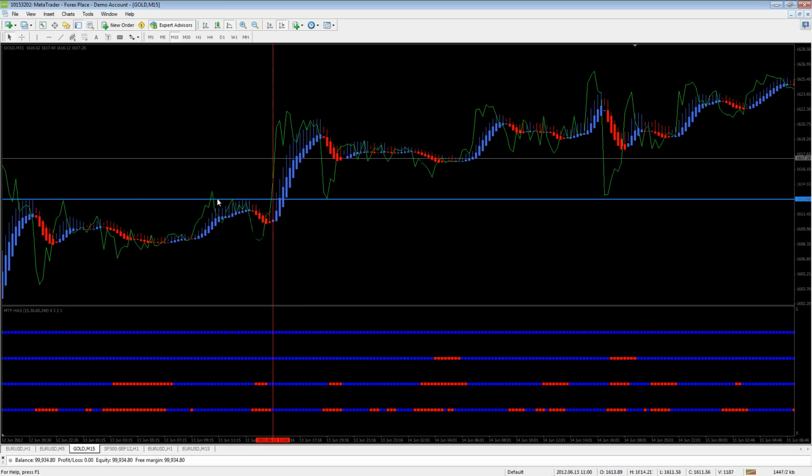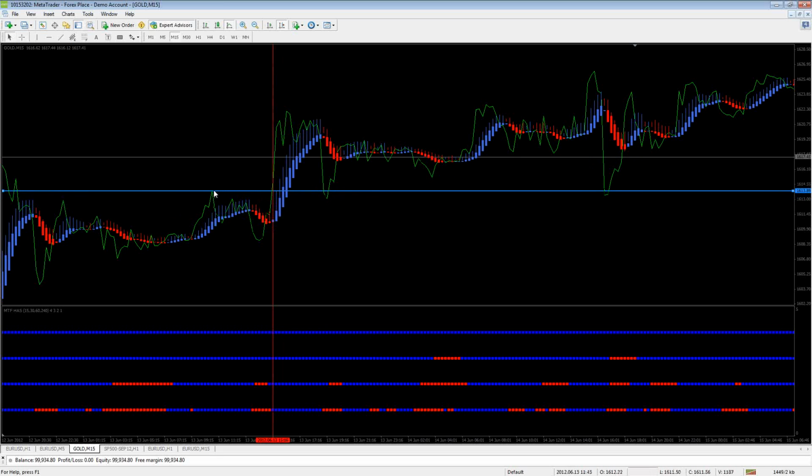I would say the resistance is around here. This is the close price, so you can already enter around here. This could give you a good area to enter, and from here it gives you about 70 pips.